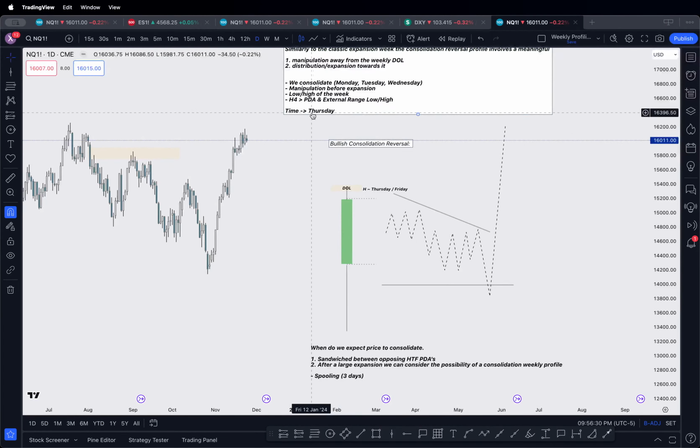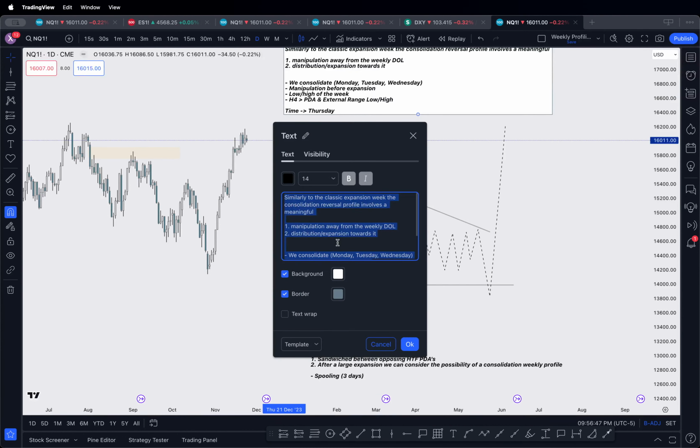SMT. That'd be helpful, but what specifically does the consolidation lead to on Thursday? To meet a draw on liquidity. Yep. And before it does that, what does it manipulate? Our PD array on our higher time frame. Yes, and we also want to look for engineered external ranges to be manipulated.